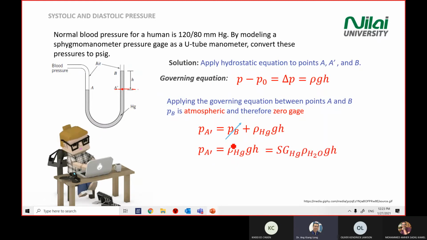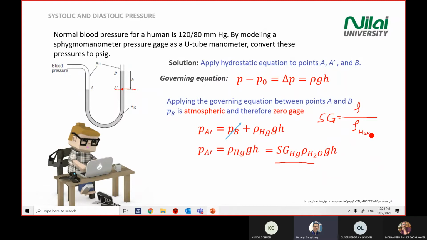You change the density of the mercury by using SG times the water density. Recall that the specific gravity definition is SG equals rho divided by rho water.